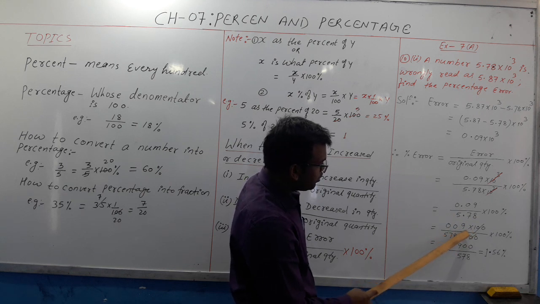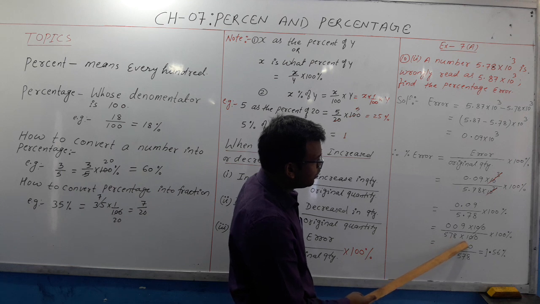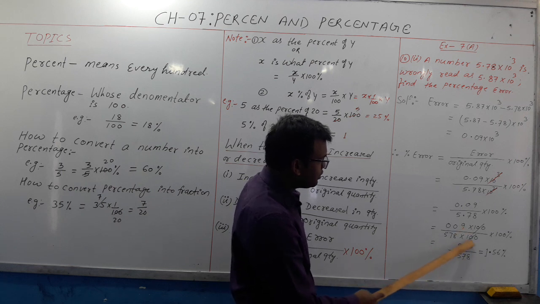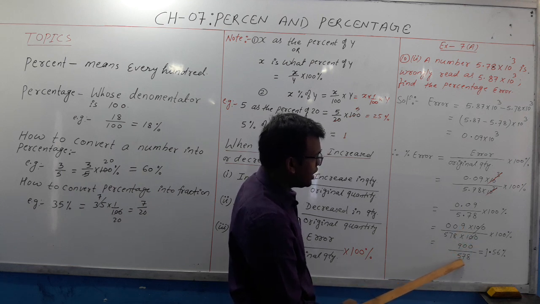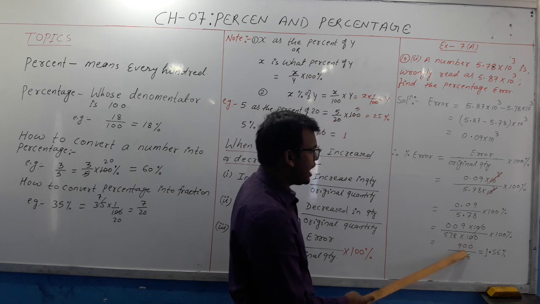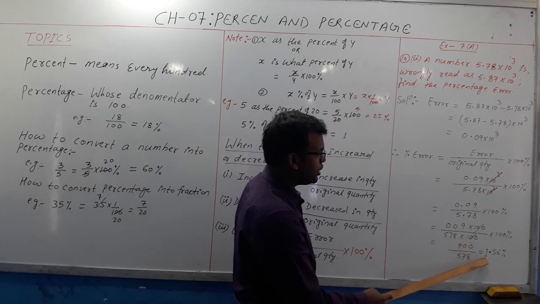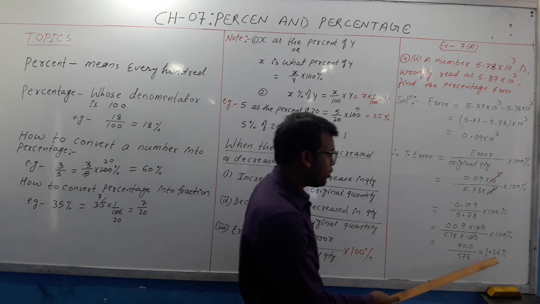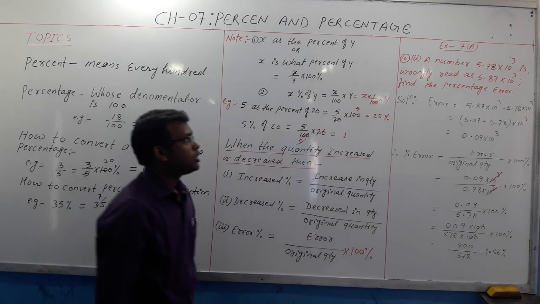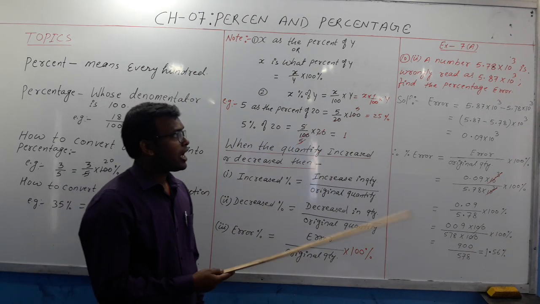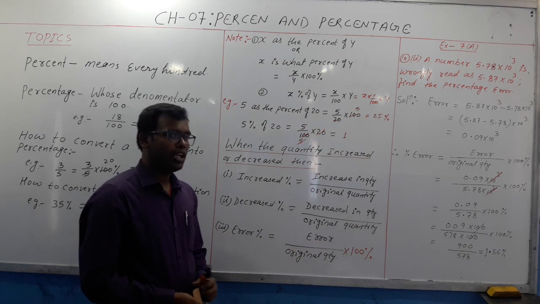So 9 into 100 divided by 578 into 100, and calculate this, and this will be 900 divided by 578, and after dividing 900 by 578 it will be 1.56%. So make a note and try to solve exercise 7a.